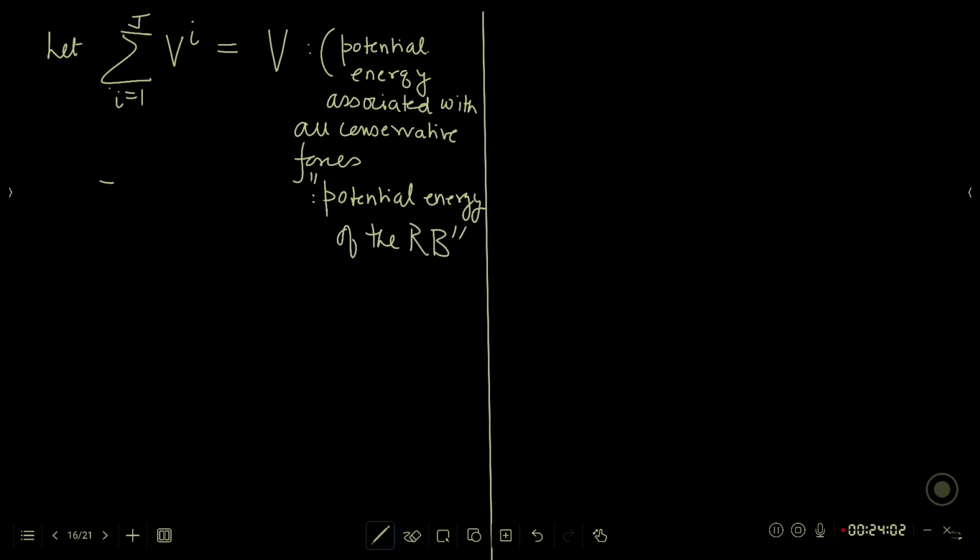But whatever you call it, my point is that you sum it up and store all the information in V itself, and then your work energy theorem starts looking like this.